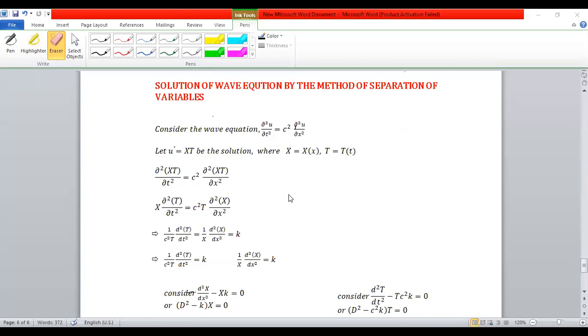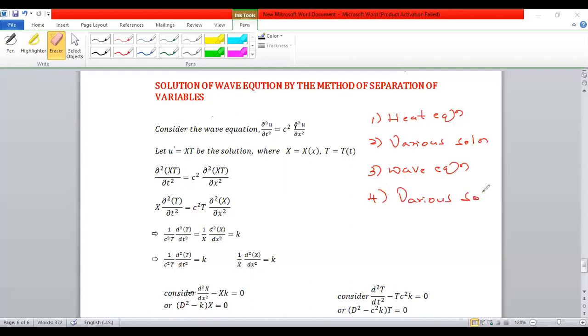You can expect one derivation in the examination. We have 4 derivations here separately. Heat equation, various possible solutions of heat equation. We did it in the previous class. And then wave equation and various possible solutions of wave equation.